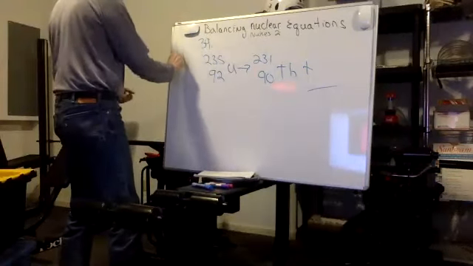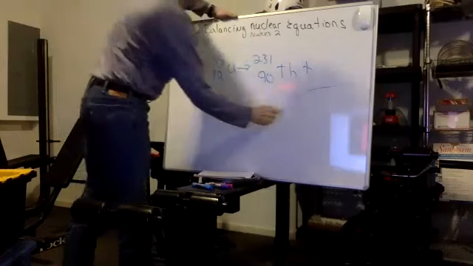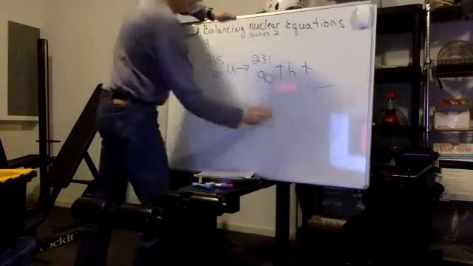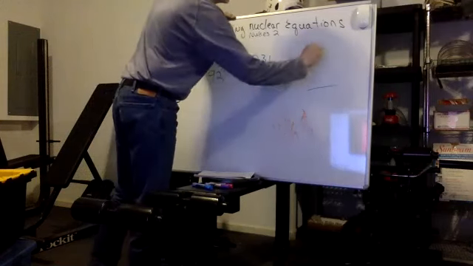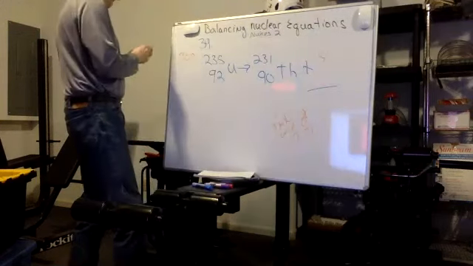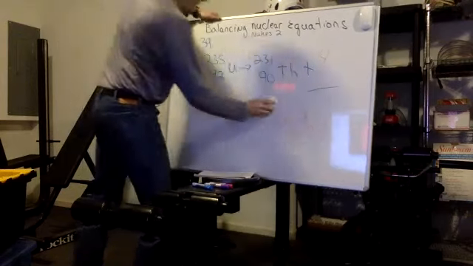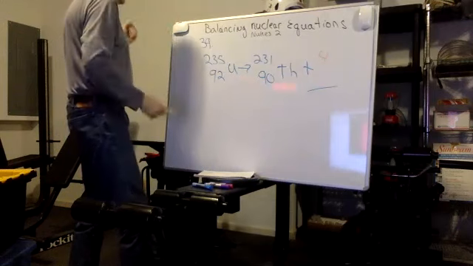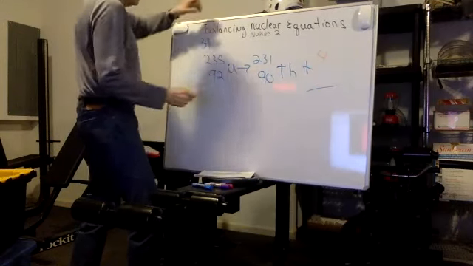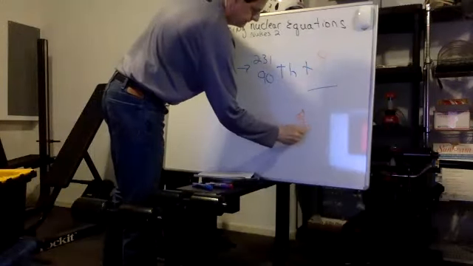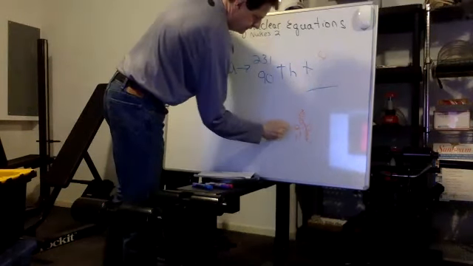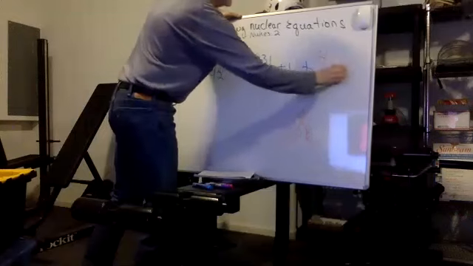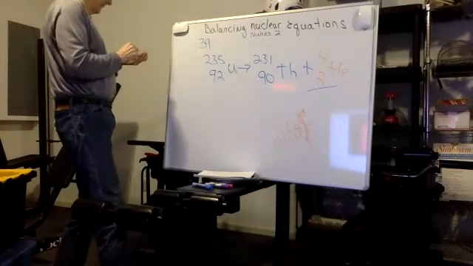So on top, we have 235, and this is the top. I'm going to take that 231 out. That top's going to be 4. Bottom is going to be 92 minus 90. That'll be 2, and that's going to be another alpha particle on 39.